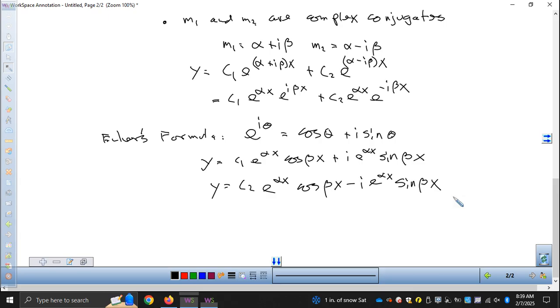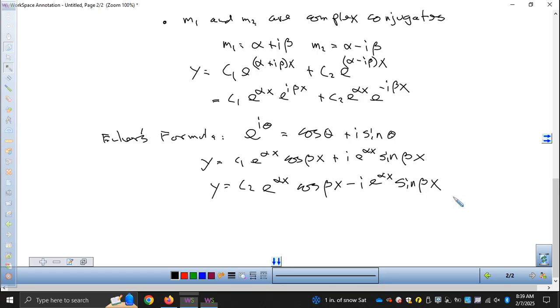And we don't want that imaginary unit in there. We don't want that i in there. So what we're going to do is rely on the superposition principle. If we add these two together, I can leave the constant off, we'll deal with the constant at the end. We get 2 e to the alpha x cosine beta x. And we add the solutions. We know the sum of solutions is also a solution, and then we divide by 2. So we add the solutions, we get 2 of these, divide by 2.